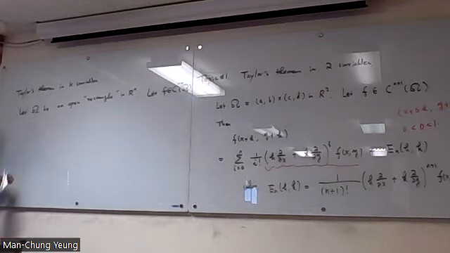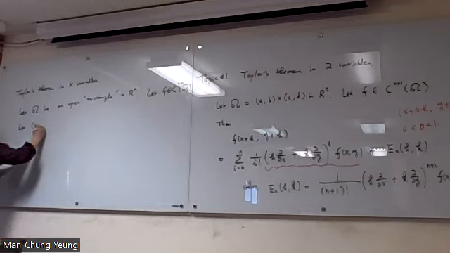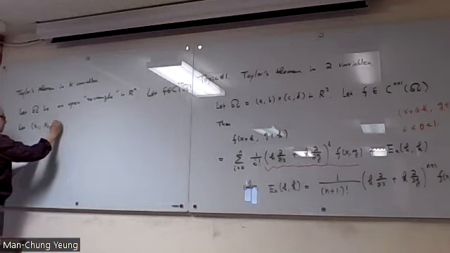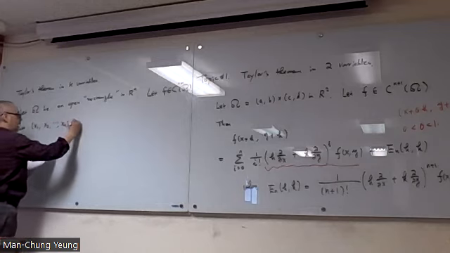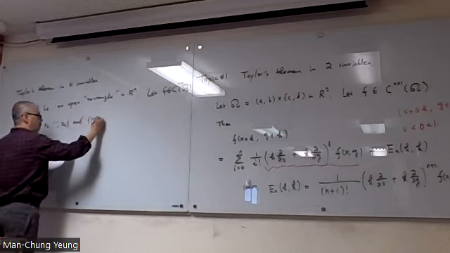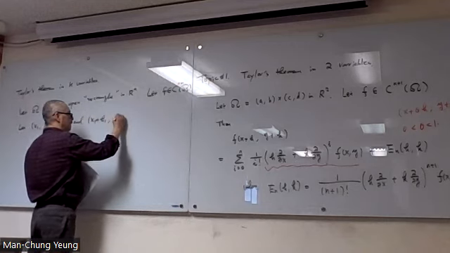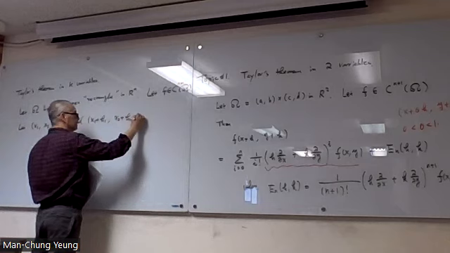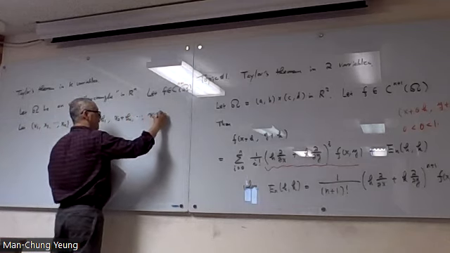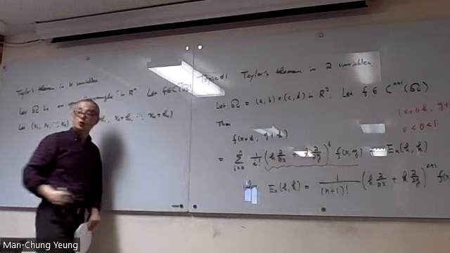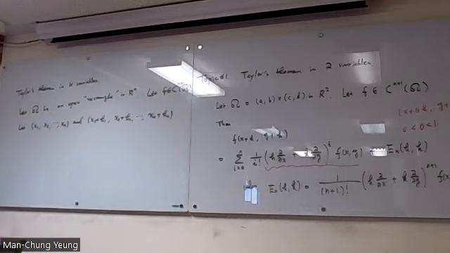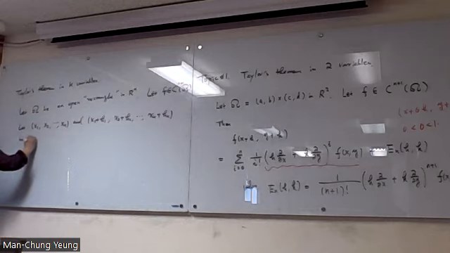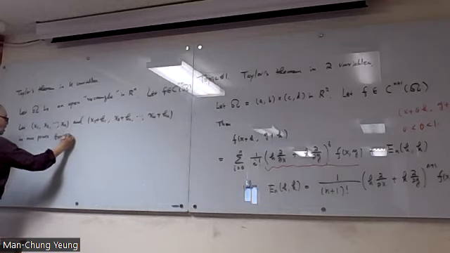From omega, arbitrarily take two points. Let x1, x2, ..., xk and x1 plus h1, x2 plus h2, ..., xk plus hk be two points from omega.